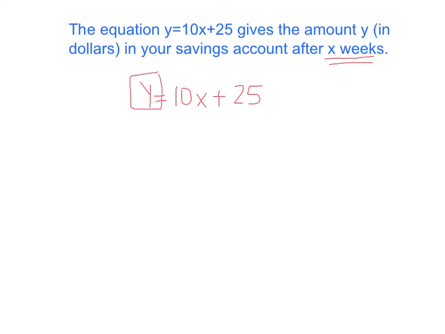Whatever amount x equals, your y depends on that. So the x value, weeks, is your independent variable.